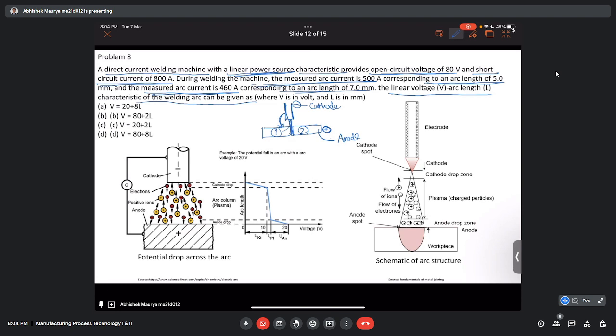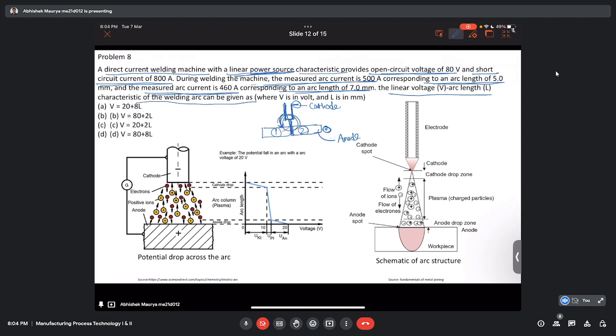And simultaneously we try to separate the cathode and anode while the current is running. There is a huge current running between anode and cathode, and because of that the temperature rises in this region.